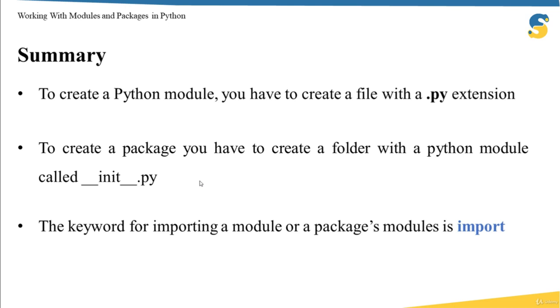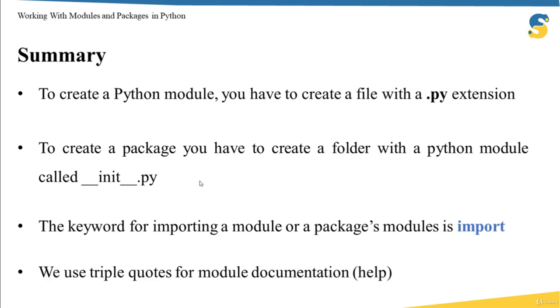We have talked also about documentation. And we saw that if I want to document a module, I have to add a documentation string at the header of the file using triple quotes. And I say triple quotes because the output of the help function will have my documentation string.